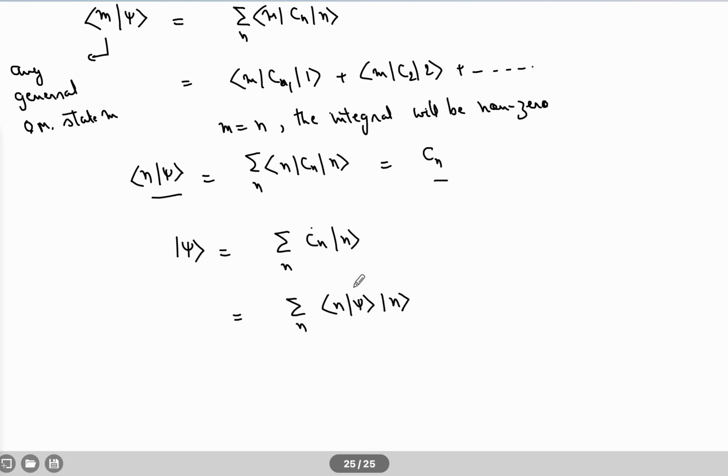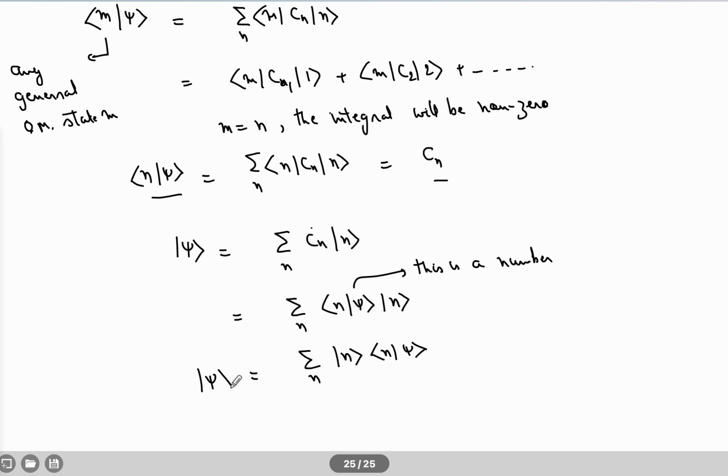Now this is a number, and thus it can be moved, so I can very well write it as summation n ket n bra n ket psi, right?